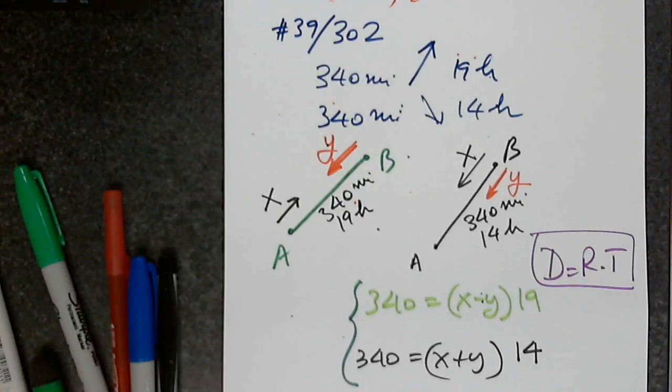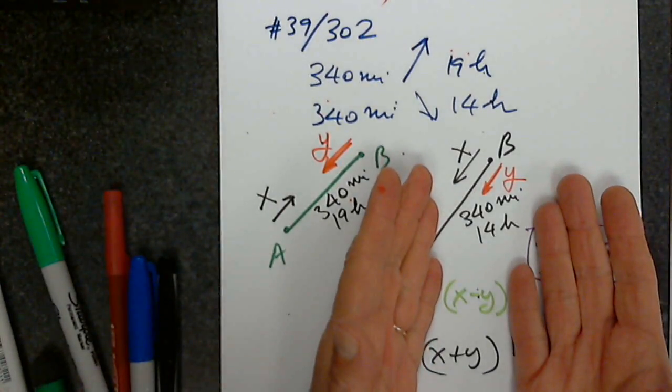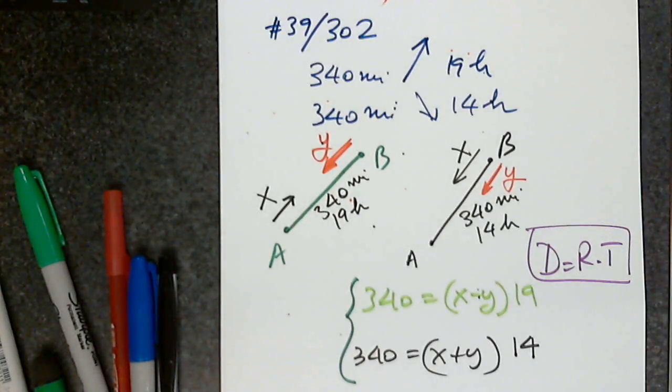I will try to divide both sides by 19 and divide both sides by 14, even if I get something that is not an integer, because then I will be able to add the equations and y goes away. However, you can distribute if that's better for you. You can eliminate one variable.